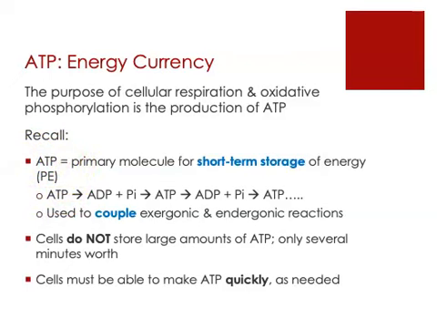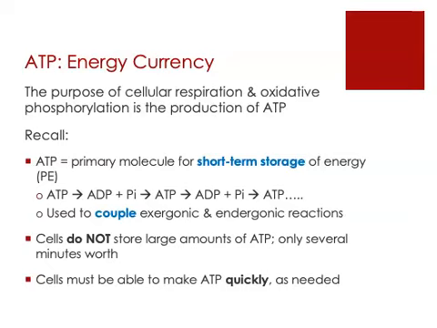ATP, recall, is used in the cell by having its outermost phosphate group broken off and then put back on, and then broken off and then put back on, as the cell sort of shifts energy around.